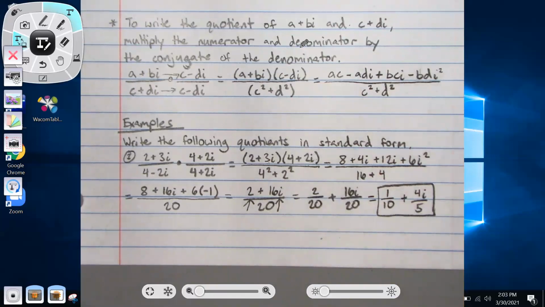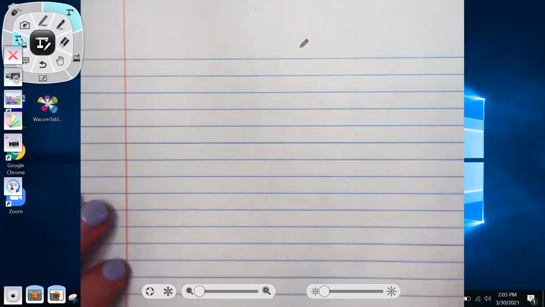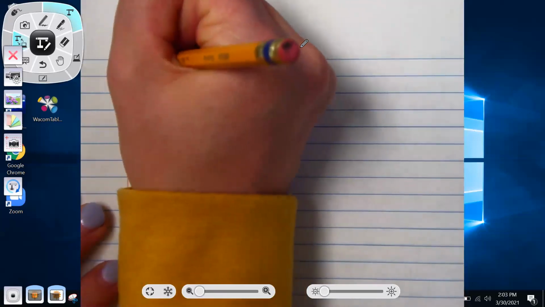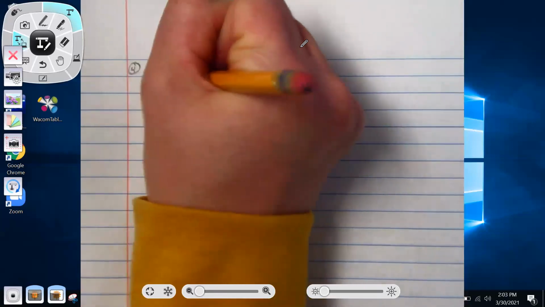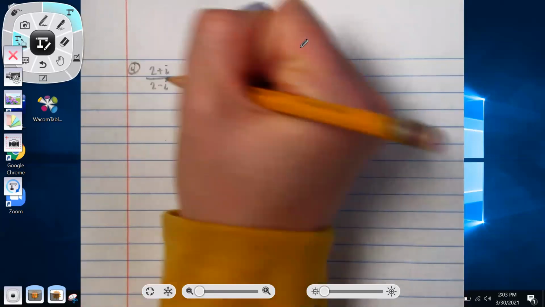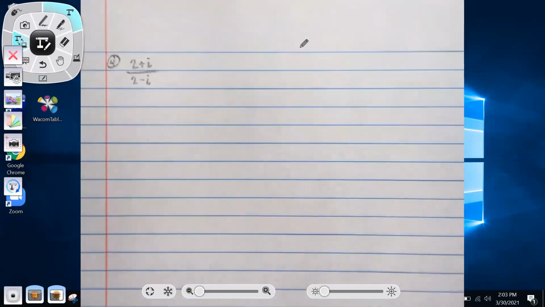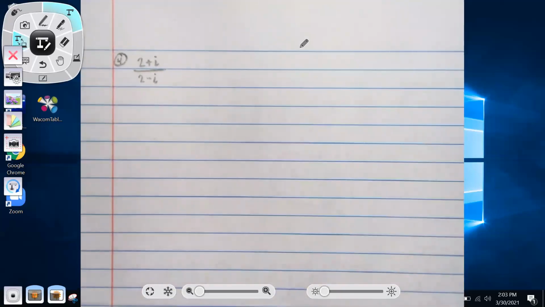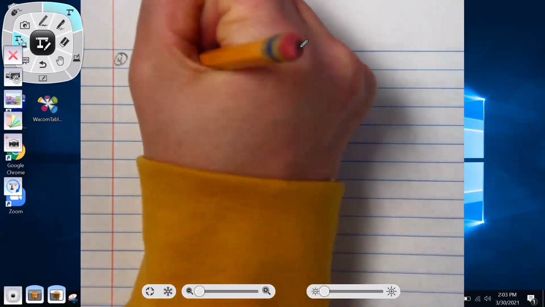Okay, I'm going to do one more of these. So this will be example 4. 2 plus i over 2 minus i. Okay, so in order to do this, we multiply by the conjugate of the denominator.